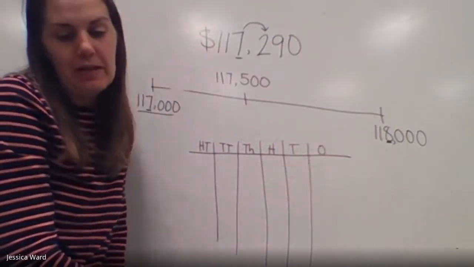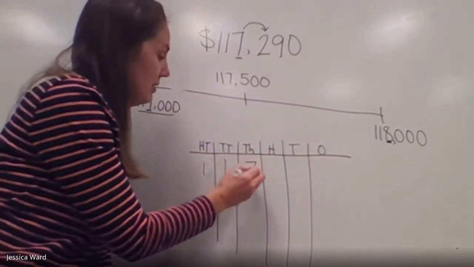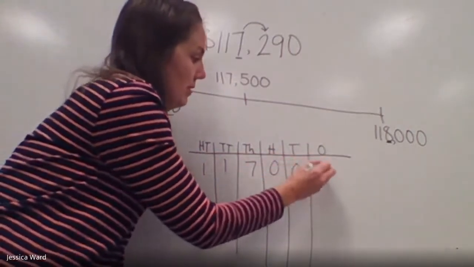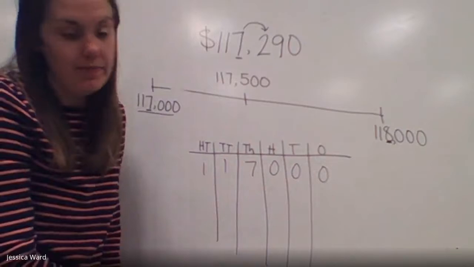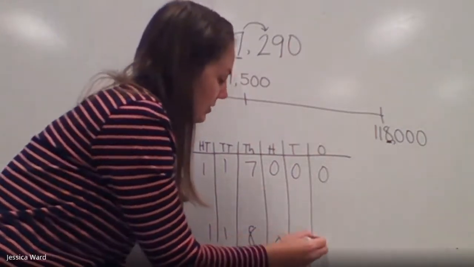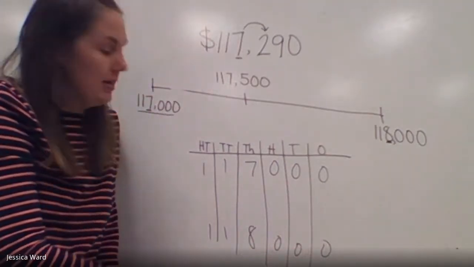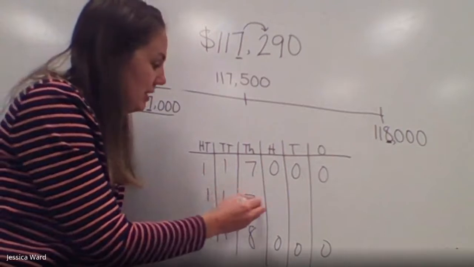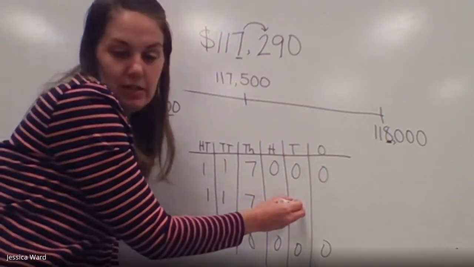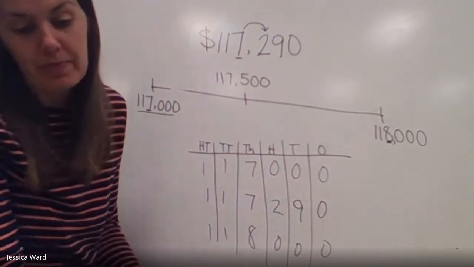So they filled it in where they're saying that 117,000 is going to be on one side and 118,000 is going to be on the other side. And then they're thinking 117,290 is going to fall in the middle.